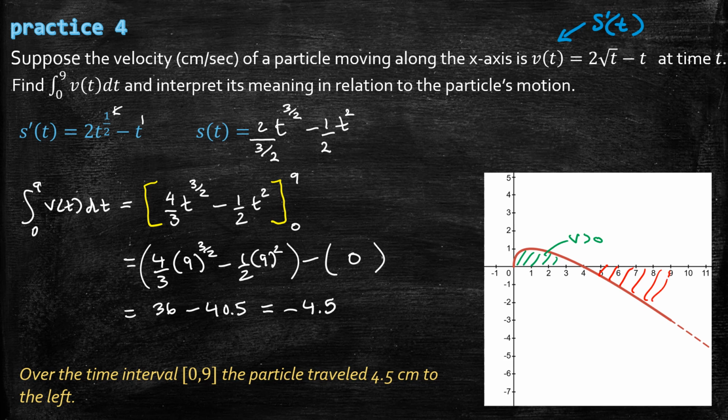Sorry, some technical difficulties there. And there's a lot more negative area than positive. So therefore, it's not surprising that the final position is going to be to the left. And in this case, 4.5 centimeters.